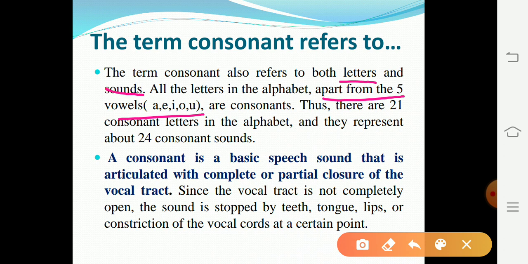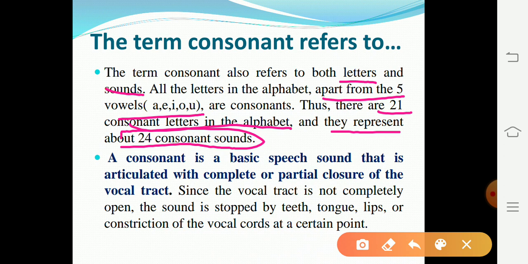Thus, there are 21 consonant letters in the alphabet. The rest 5 are vowels, and an important thing to remember is that the consonant letters represent about 24 consonant sounds.